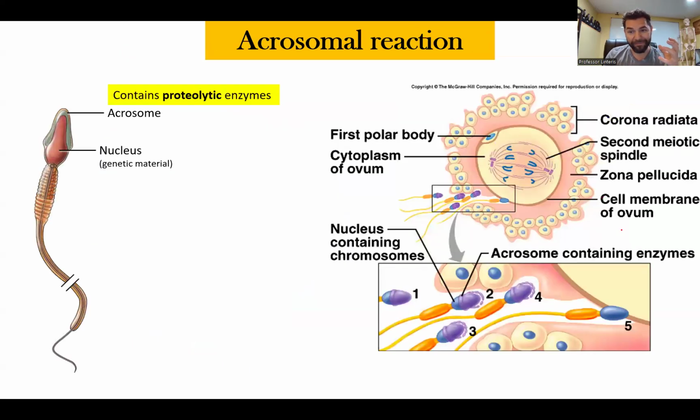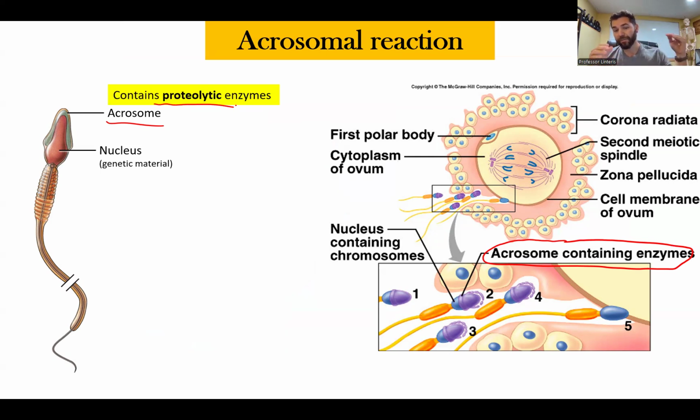So what we have is the acrosome at the head of the sperm. That's usually the first thing to make contact, right? And the acrosome contains enzymes that are proteolytic. So basically these are digging enzymes.